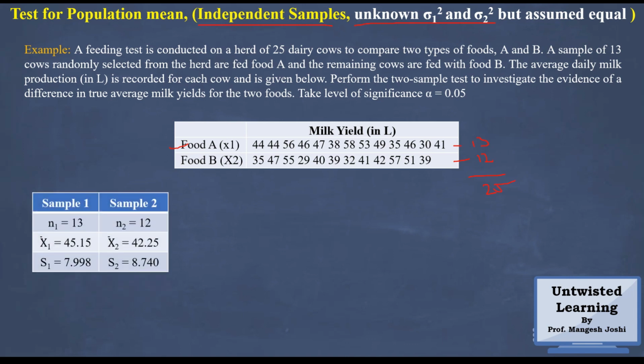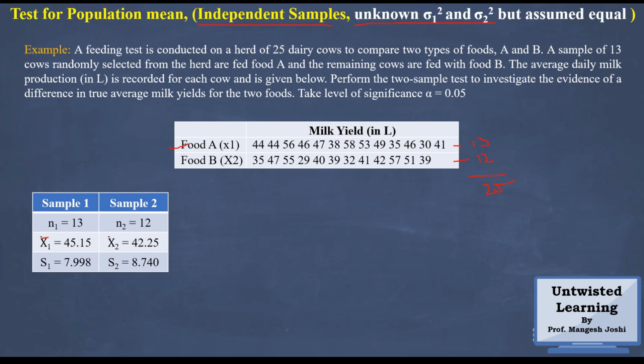So in this case it is given food A, which in total has 13 samples, and here just 12 samples. Total comes out to be 25. So let us record the given data. N1 is 13, x1 bar is 45.15.